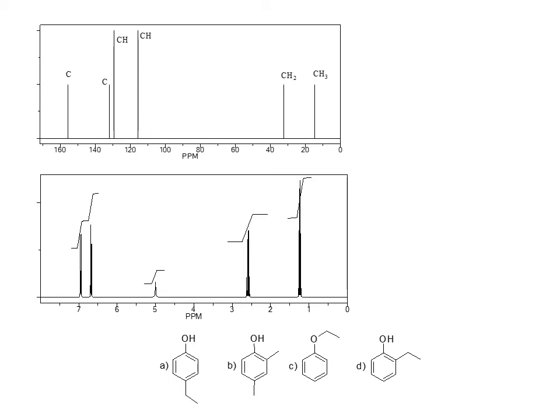That's most likely an aromatic carbon. It's a little bit out of the range for aromatic carbons, 150, but that could be a carbon attached to an electronegative substituent. So we can say probably 4 different aromatic carbons. A benzene ring has 6 carbons. Only 4 show up. That's an indication that symmetry is present in the molecule.